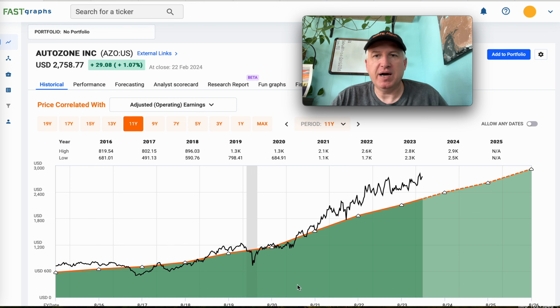And we'll see that with AutoZone here. I am long AutoZone, so it's not like I'm making a judgment whether buybacks are good or bad. Usually, if a company buys back shares, whether those buybacks were a good idea or not very much depends on how the company does in the future, and how much they paid for the stock at the time.